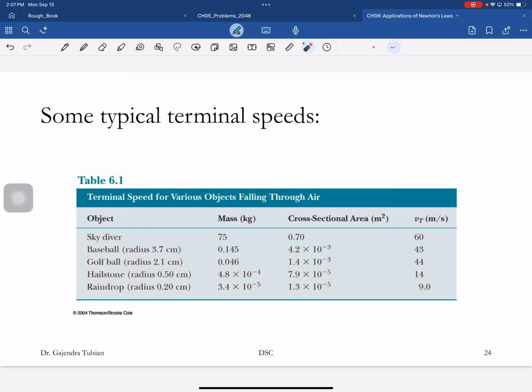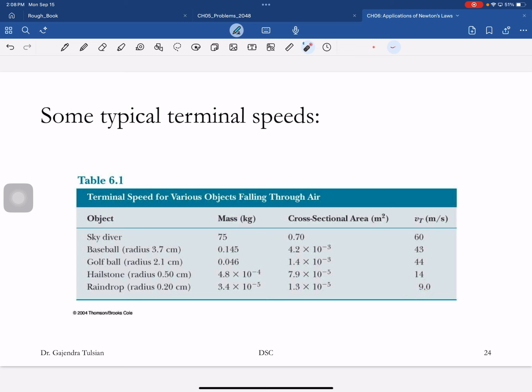So here are terminal velocities for various objects. For raindrops, the terminal velocity is about 9 meters per second, about 20 miles an hour. This doesn't hurt, so you can walk in the rain. Hailstones are about 35 miles an hour. You don't want to walk in hail when it's hailing.